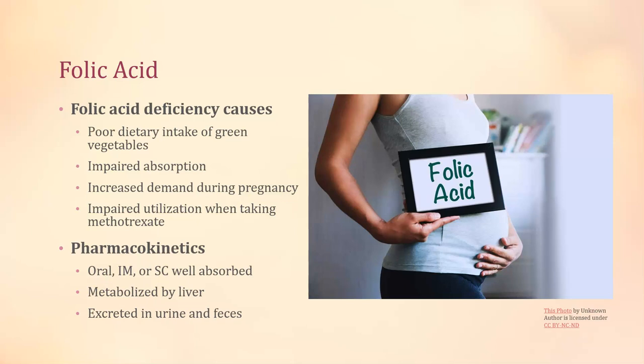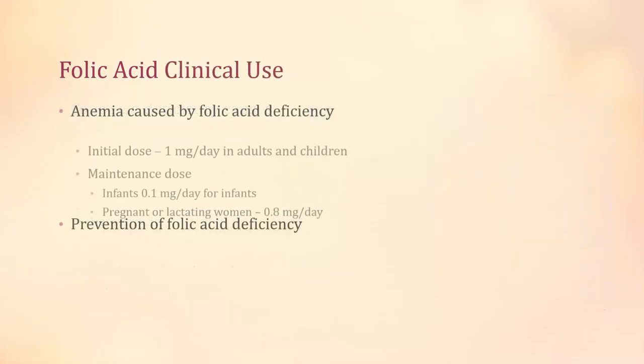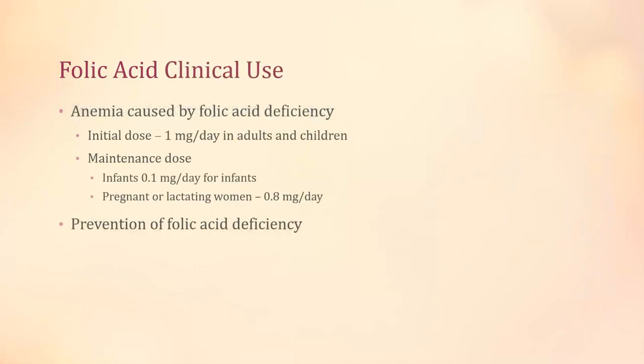It is metabolized by the liver and excreted in the urine and feces. Folic acid is used for anemia caused by folic acid deficiency and prevention of folic acid deficiency. And these are the doses which you do not have to memorize.